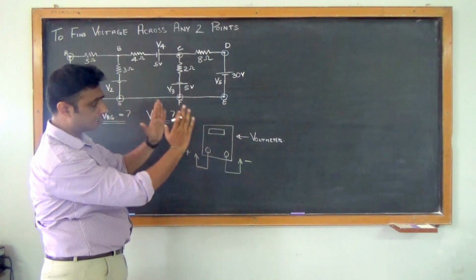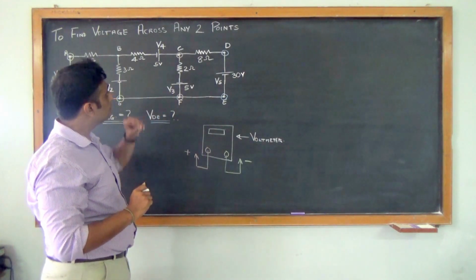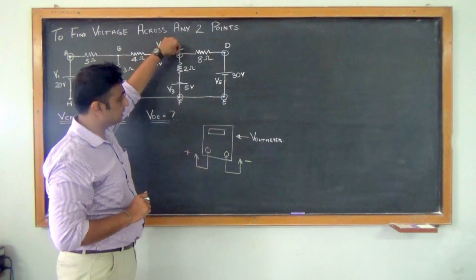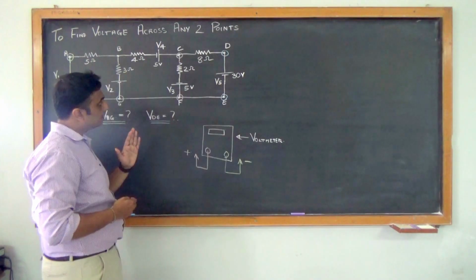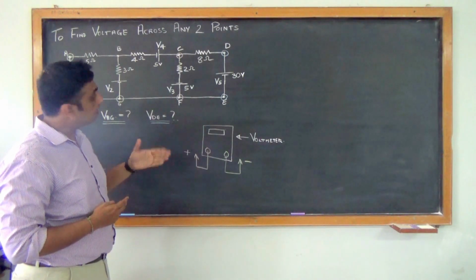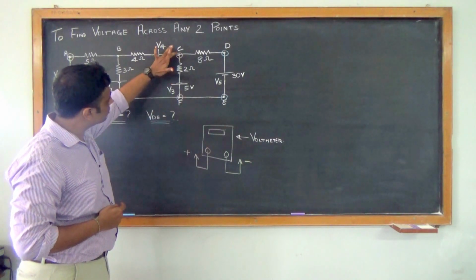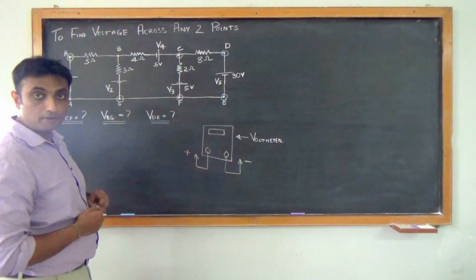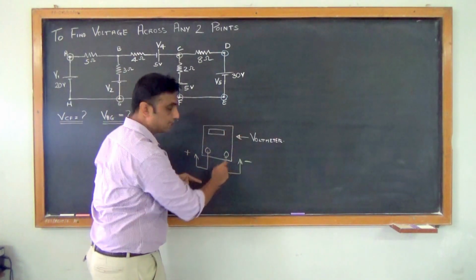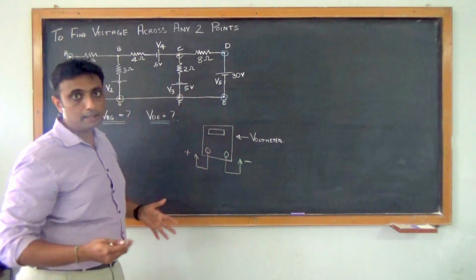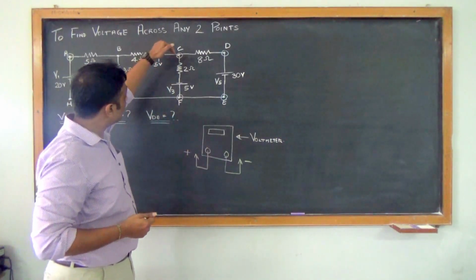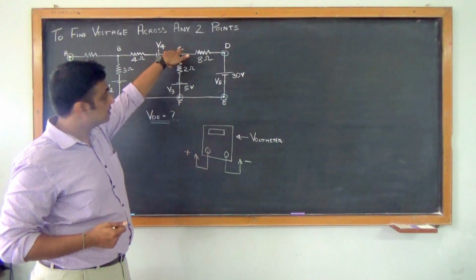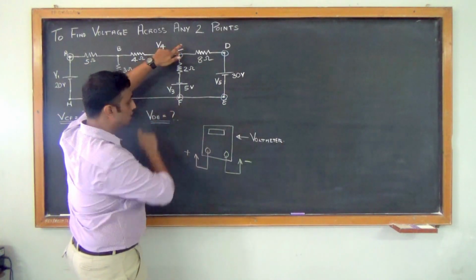So practically we'll take a voltmeter or a multimeter and connect one terminal at C and the other terminal at F. If it's a multimeter, we'll put it on voltmeter mode.